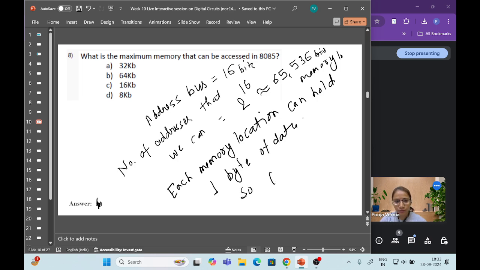So 65,536 bytes will be equal to 64 kilobytes. That's why 64 kilobytes, option B, is the correct answer for this question. That is the maximum memory that can be accessed in the 8085, that is 64 KB.